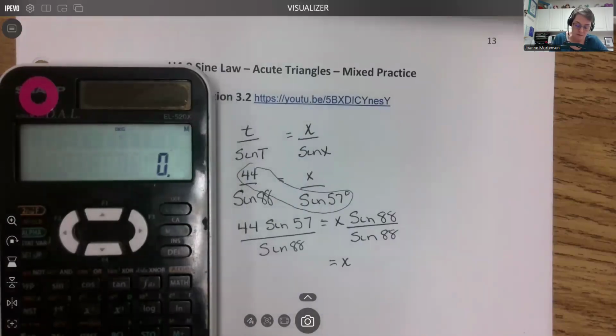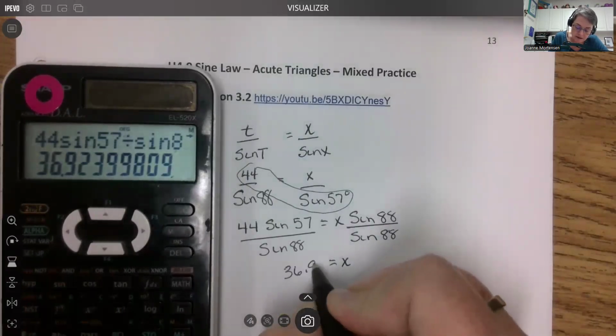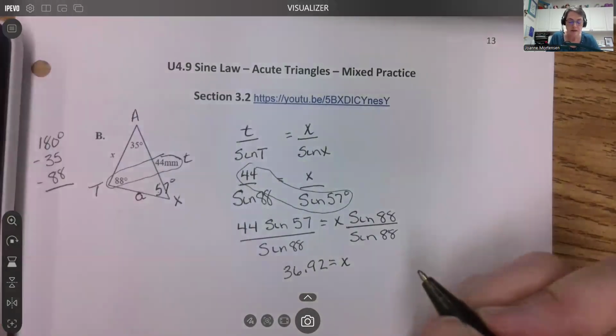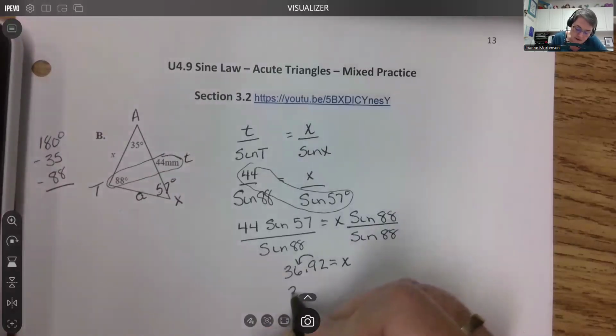Okay, 24 sine 57 divided by sine 88 is 36.92. If we look up here, the given numbers are whole numbers, so we'll just round that to 37.